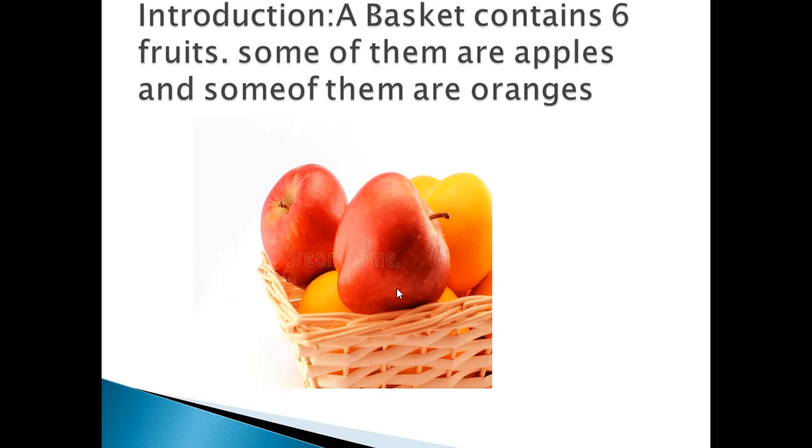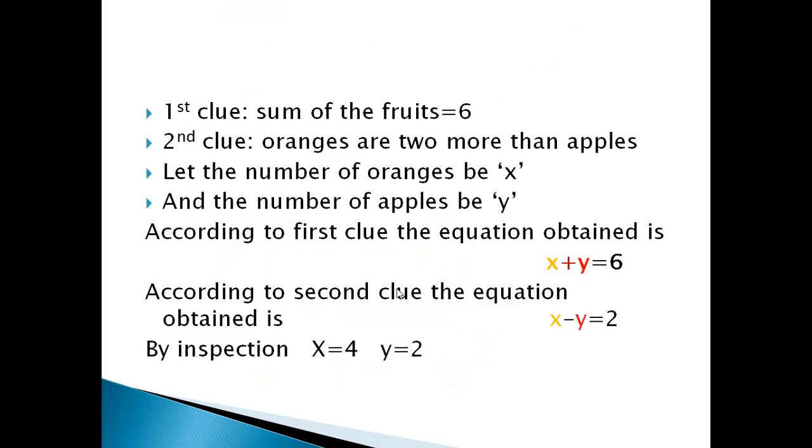Like that, we have to imagine some arrangements. But in this figure, we are looking at 2 apples and comparably 3 oranges. Okay, so let us have a clue for that. So the first clue is the sum of the fruits is equal to 6.